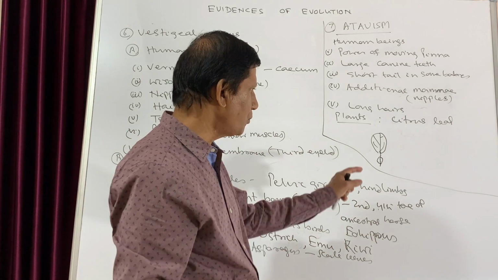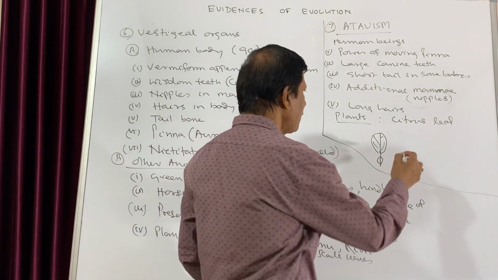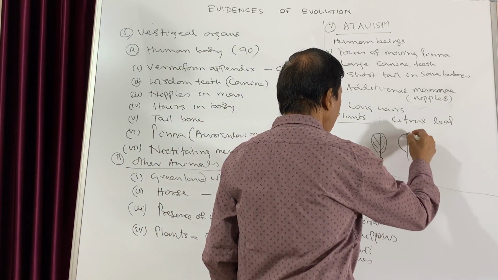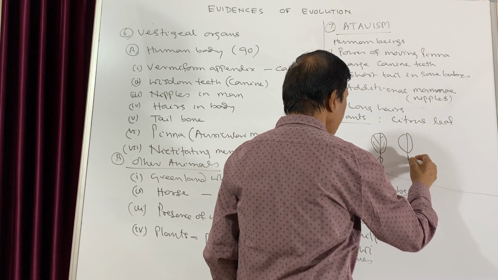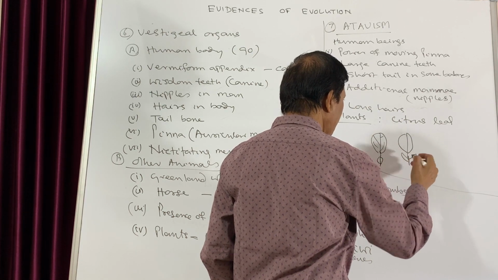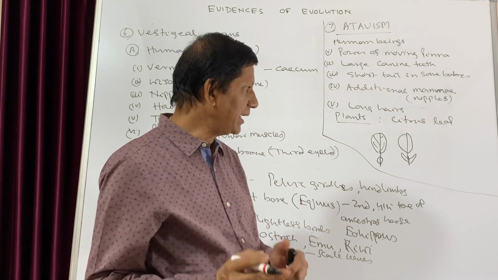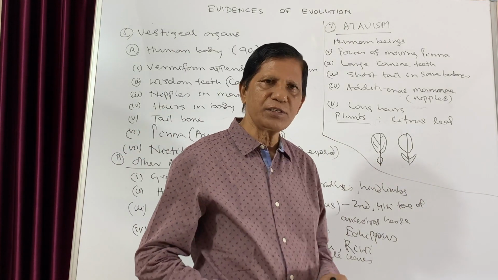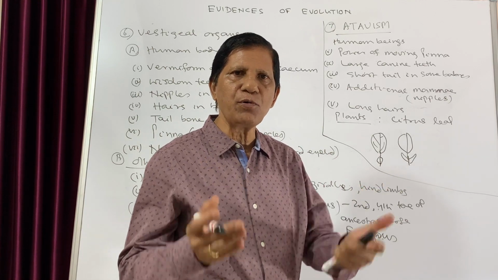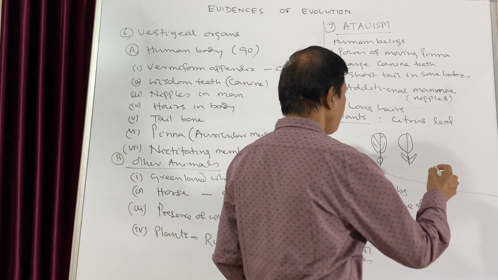So it is known as winged petiole. But in some cases, the wing gives rise to some leaflet-like structures. What does it indicate? It indicates that the citrus leaf was earlier trifoliate.